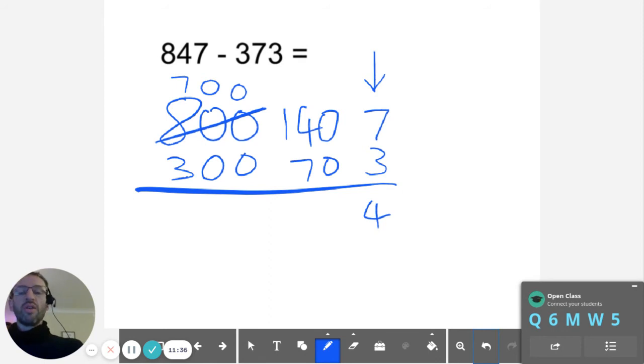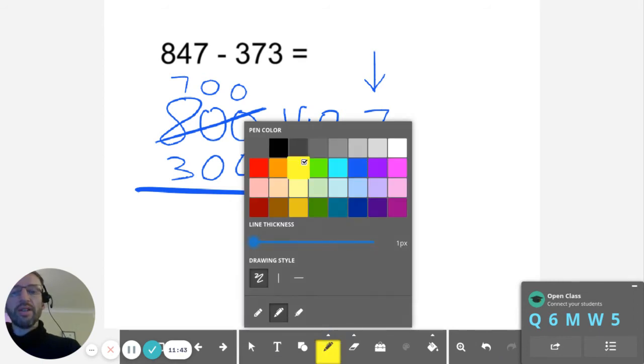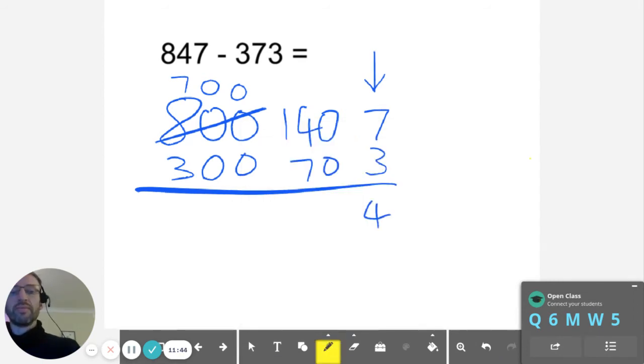Remember, if you can't do 140 take away 70, there's no reason why you should. Instead of 140 take away 70, you can simply think of it as 14 take away 7.